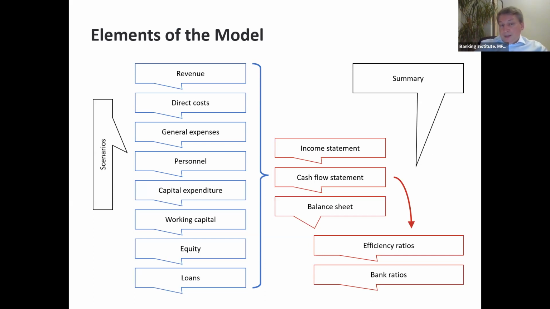Then our general expenses, which don't change with any change in our sales. Personnel plan or staff expenses. Why do we need staff expenses separately from other general expenses? Just because taxing is different. We don't have value-added tax for staff expenses, but we have some social insurance payments and so on.